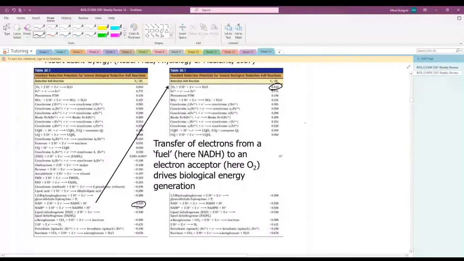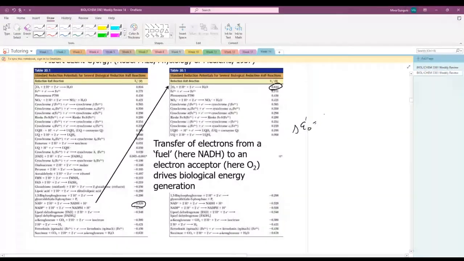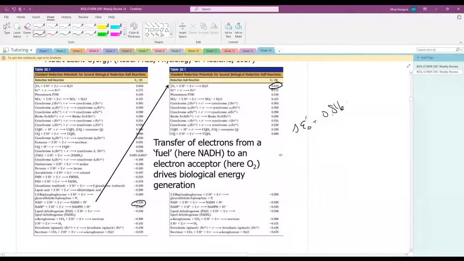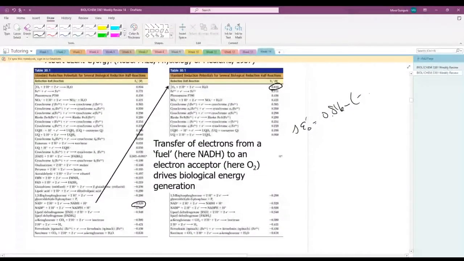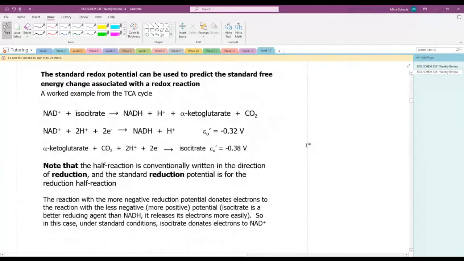So when we calculate our delta epsilon naught prime, we're going to take the standard reduction potential of the acceptor, which is oxygen, 0.816, and subtract from it the reduction potential of the donor, which is in this case a negative number. So we add them up. We're going to get a value that's pretty large and positive. When multiplied by Faraday's constant, this ends up equating to a really, really spontaneous reaction.